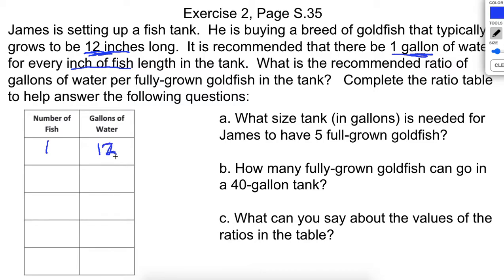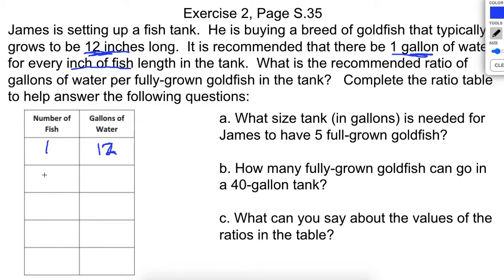So that one you've got to kind of pull the ratio out. You've got to figure out what the ratio is, because it's not just 1 to 1. It's 1 gallon for every inch, and the fish are going to be about 12 inches long. So every fish is going to need 12 gallons of water.